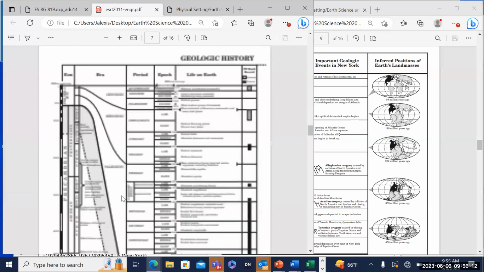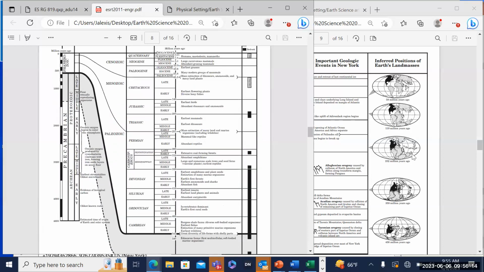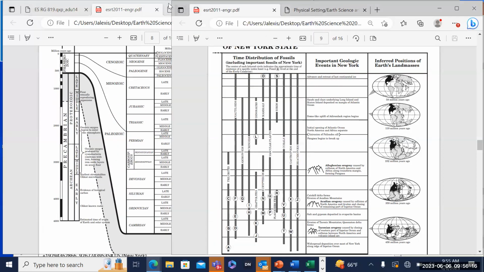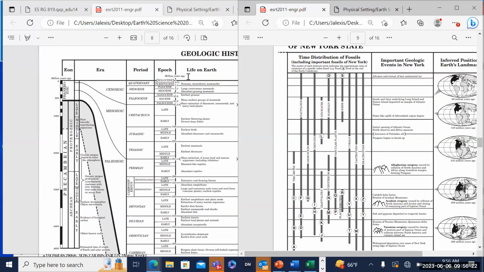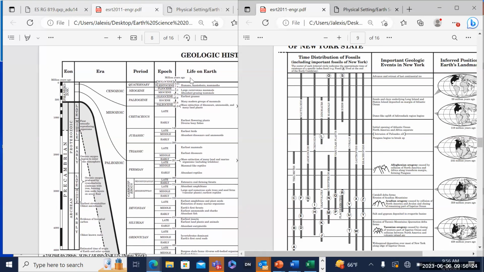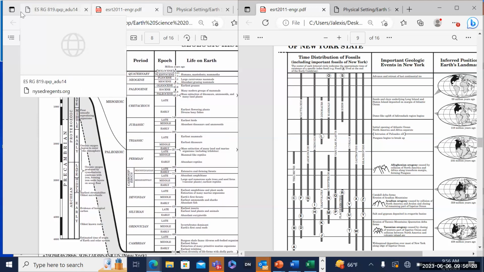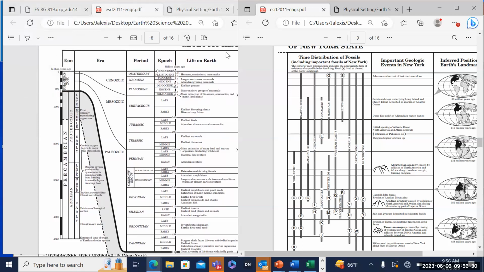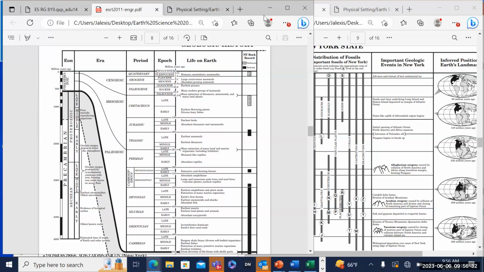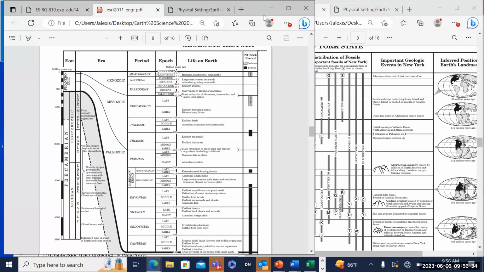All right, and so when we're looking on pages 8 and 9, what we are basically looking for, hold on, let me just make sure everything matches up. Okay, apologize, I'm just going to move the screen. There we go.